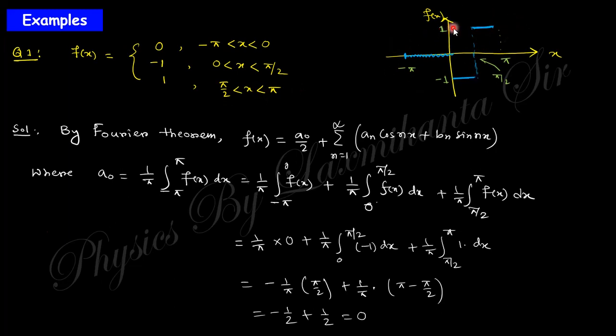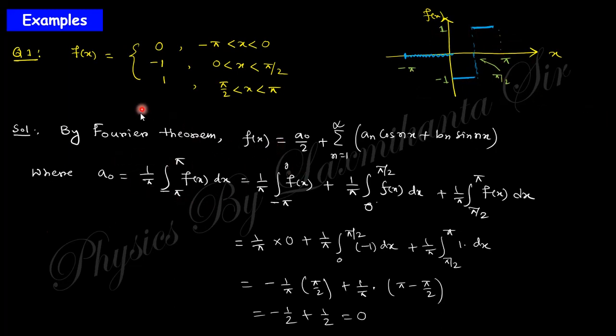So this is the representation of this function. You can see there are discontinuities, but a finite number of discontinuities, and the maxima and minima are finite. That's why this can be represented as a Fourier series. So this satisfies the Dirichlet condition.